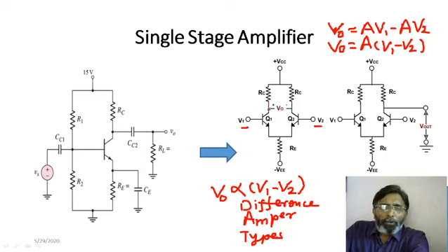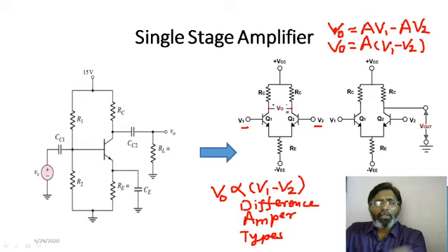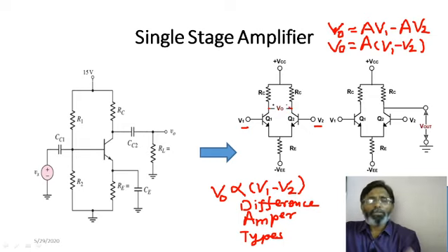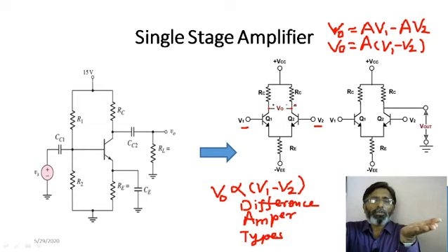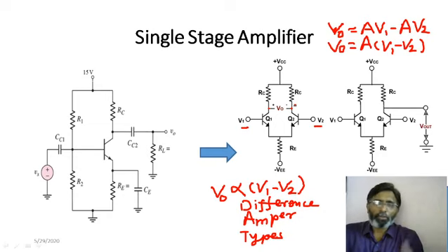If I am taking the output at these two collectors, see, as Q1 and Q2 are same, collector resistances of both are same, plus VCC minus VA applied to both the transistors Q1 and Q2 is same. So, the collector potential level of both the transistors Q1 and Q2 is at the same level. So, if I am taking the output at these 2 points, it is known as balanced output.